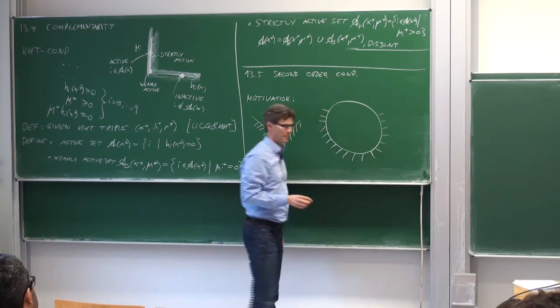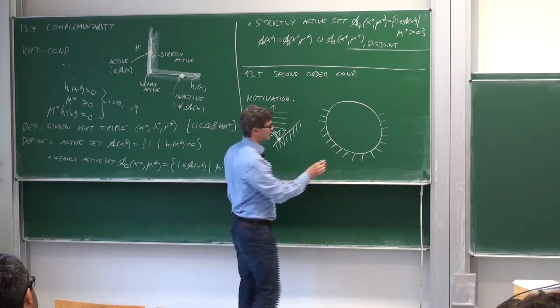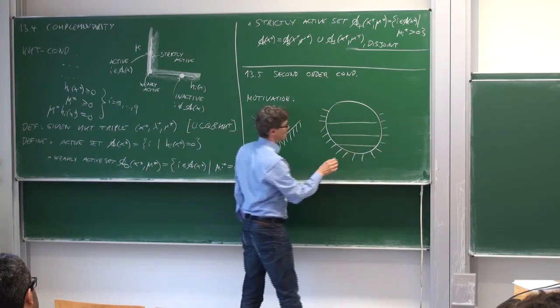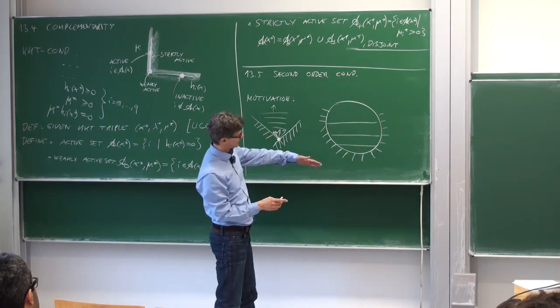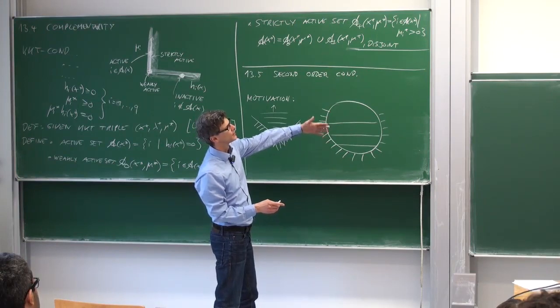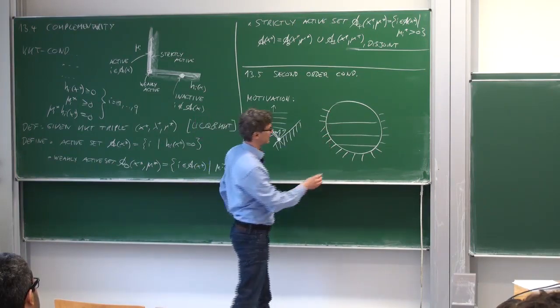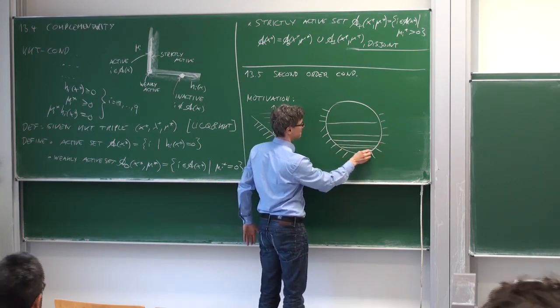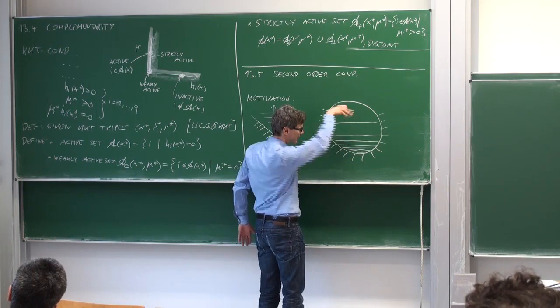Inside is feasible. I will make some level lines, but these level lines are such that I get more slope when I'm approaching the boundary. So I get steeper and steeper here. It's really going down.